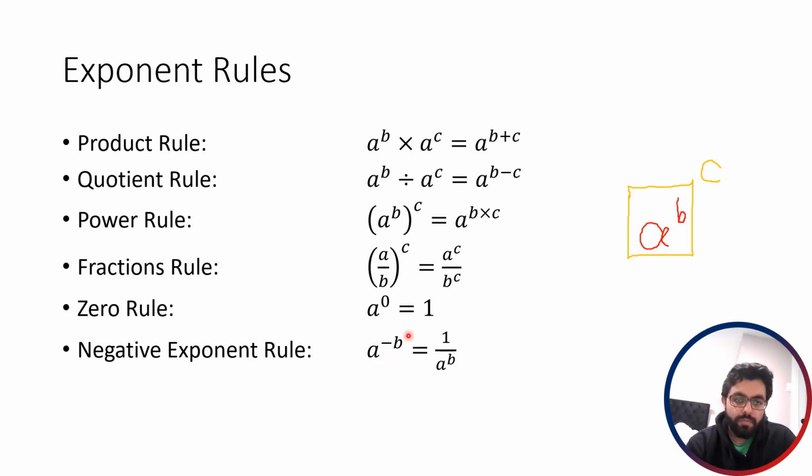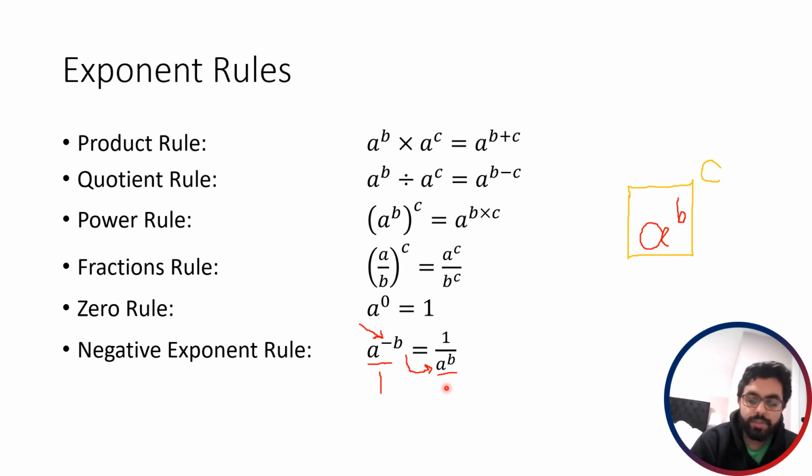And the last one is the negative exponent rule, which is saying that if you've got some base like a and a negative exponent, so instead of a to the exponent b, it's a to the exponent negative b, what that's telling you is take this a, so basically this is a over 1, right? And this minus sign is saying, hey, I know you're in the numerator right now, but if you don't like the minus sign in the exponent, you can chuck me in the denominator and then you don't have to worry about the minus sign anymore.